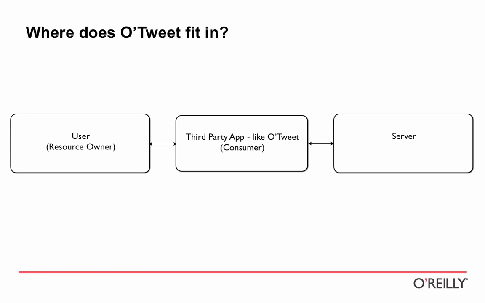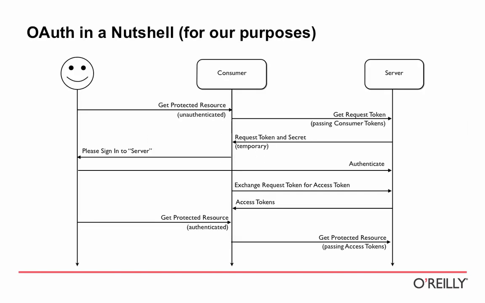So the way it works is the third-party app acts as an intermediary between you, the user, and the server. Here's a simplified diagram, where the arrow going down is over time. These are conversations that are happening between these different actors over time. The user is on the left, the consumer is in the middle, and the server is on the right.